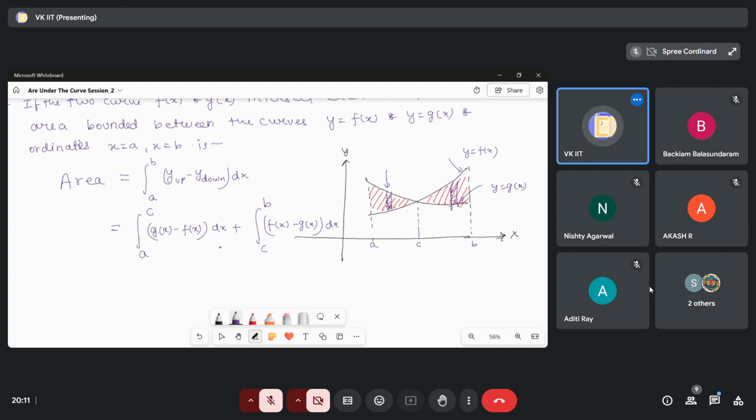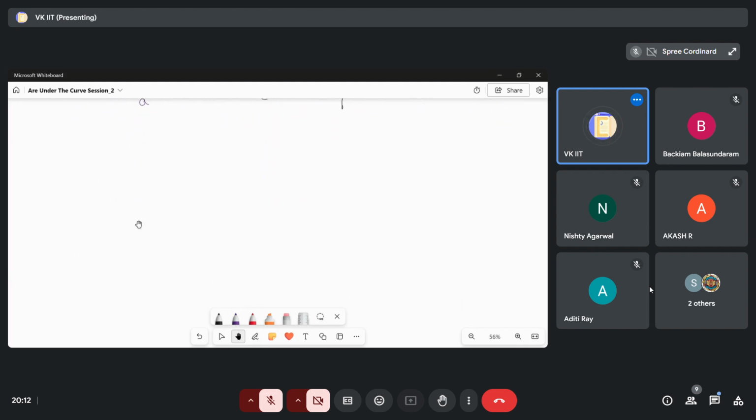Now we'll try to solve some questions with three curves, right? Next question. I think it is the fifth question now.